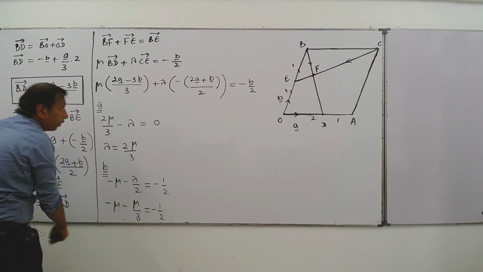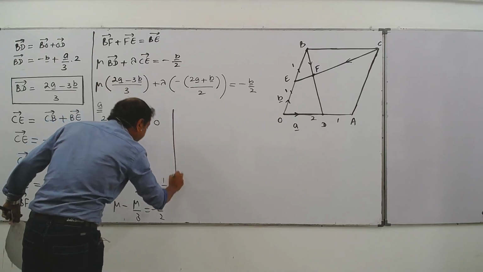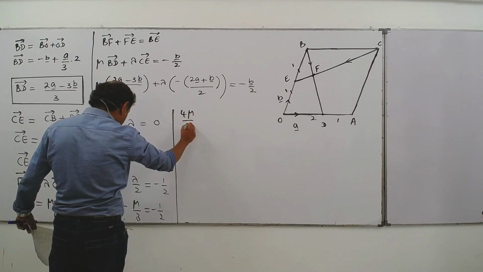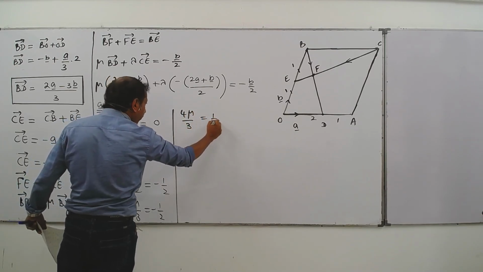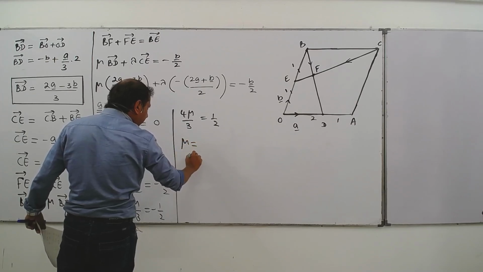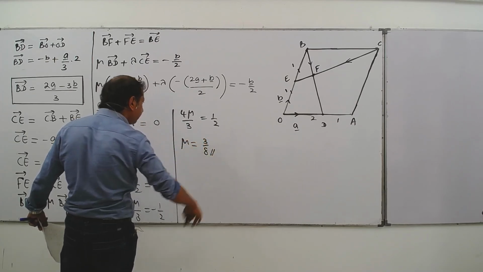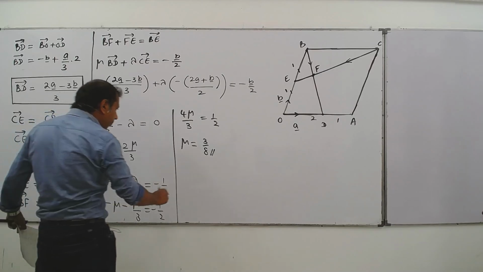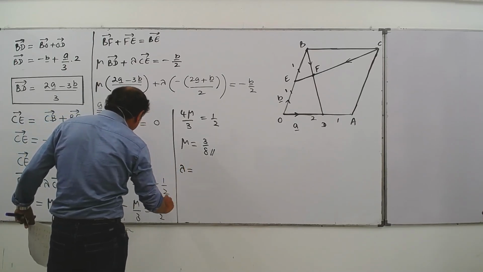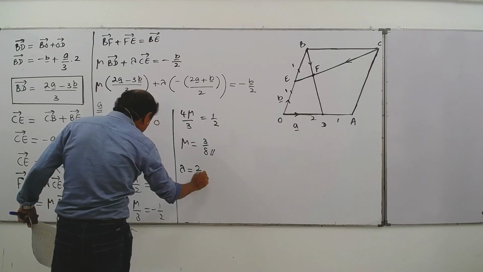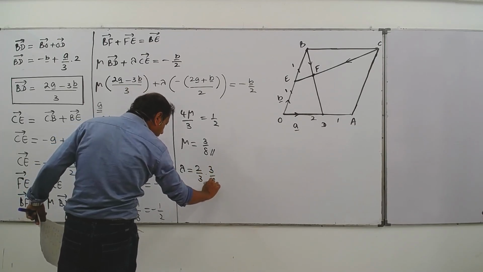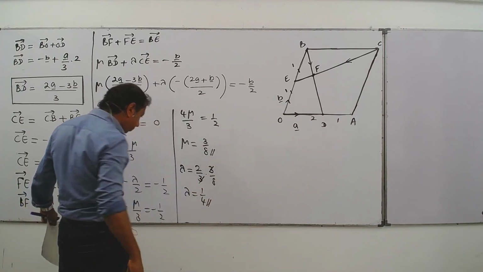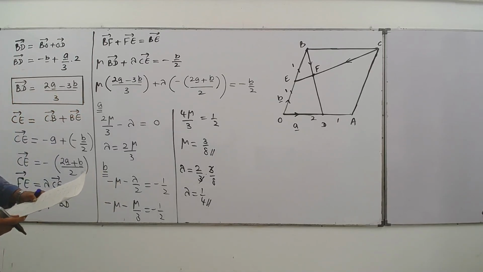Minus signs you can cancel down both sides. Then we get left hand side 4 mu by 3 is equal to half. Mu is 3 over 8. Then we can find lambda. Lambda means 2 over 3 mu, 3 over 8, this and this you can cancel down. Lambda is 1 upon 4.